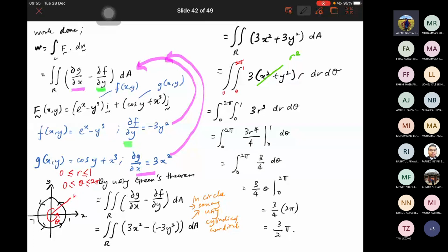Dia kena define mana awak punya f vector function, g function, and then dapatkan dia punya partial derivative, and then dapatkan all the derivative of the vector function.